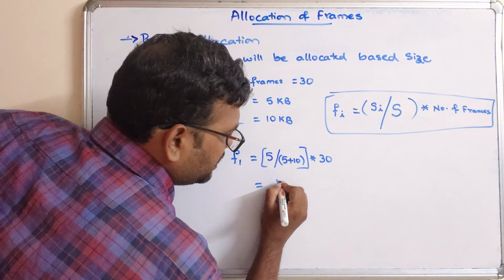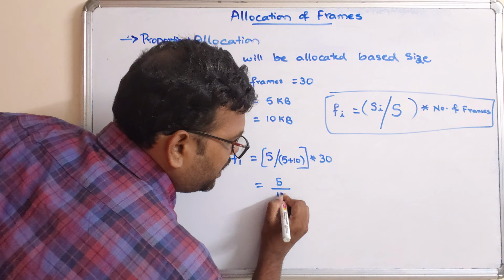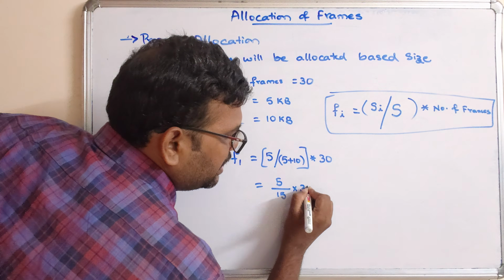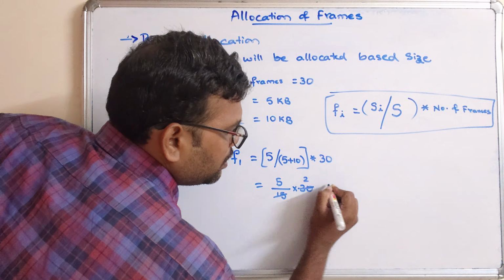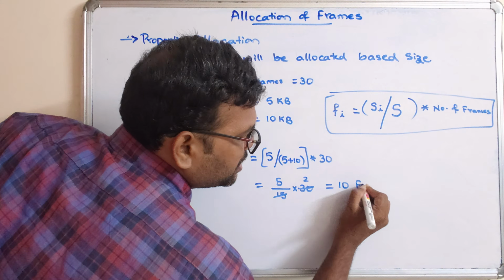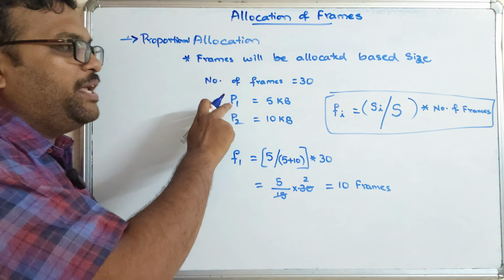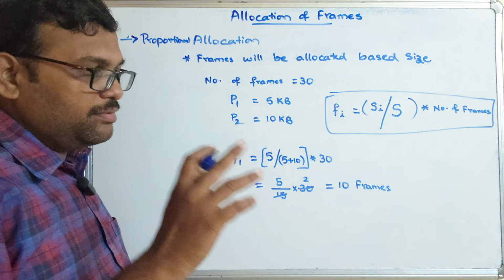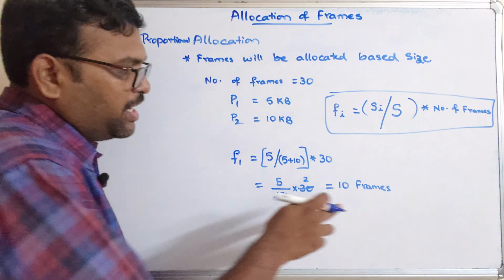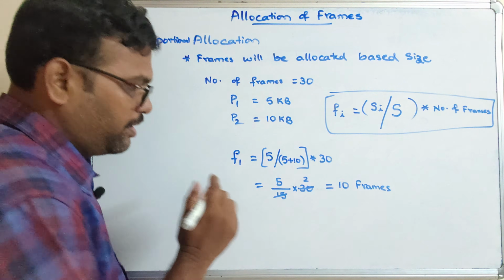So we can write it like this: 5 divided by 15 into 30, which is equal to 10 frames. See, previously the same P1 was allocated 15 frames, but here 10 frames will be allocated.